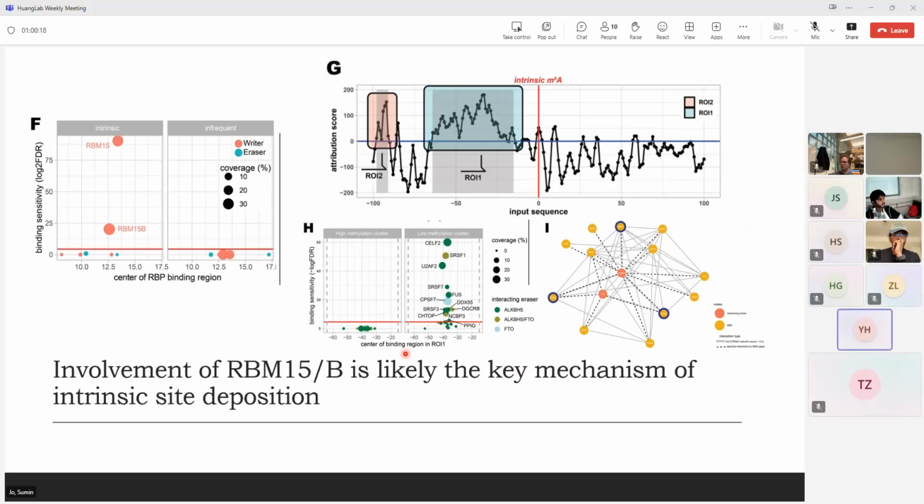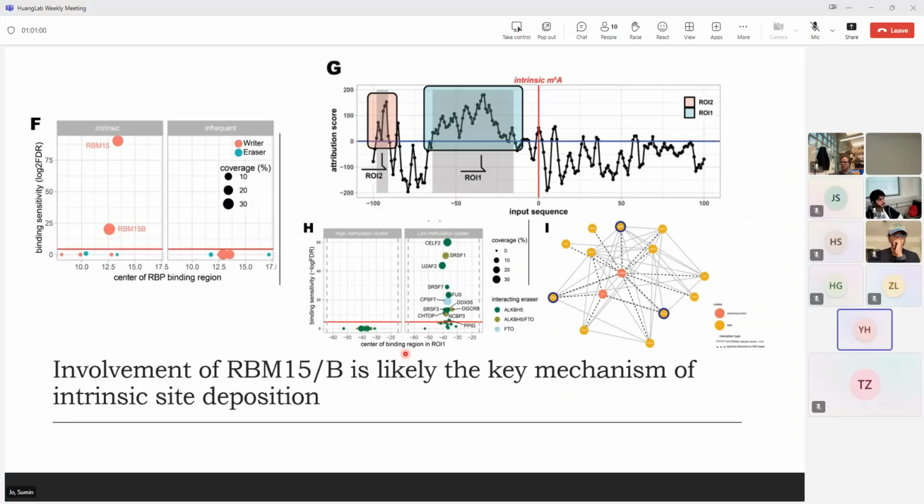To test this hypothesis, you investigated enrichment of binding of a bunch of writer complements or writer proteins, namely VIRMA, RBM15, RBM15B, and so on. Out of the six or seven writer proteins you investigated, which covers most of the known writer proteins for m6A, only RBM15 and RBM15B are enriched in the neighborhood of m6A sites.